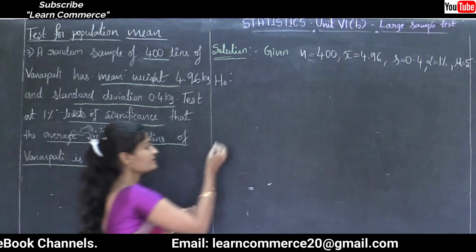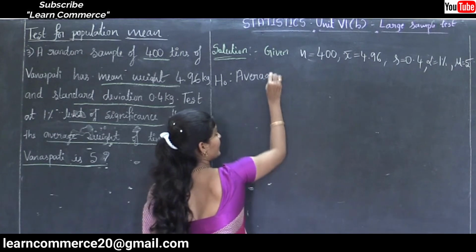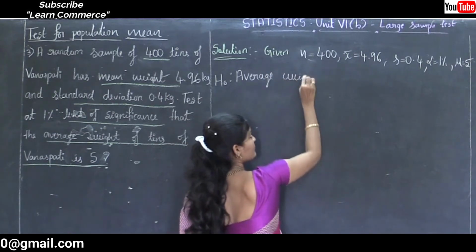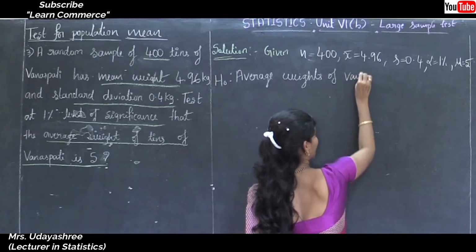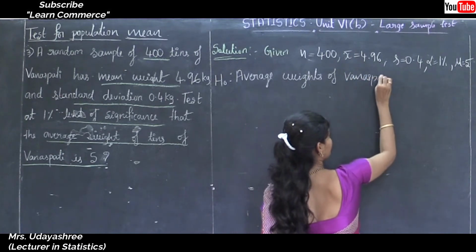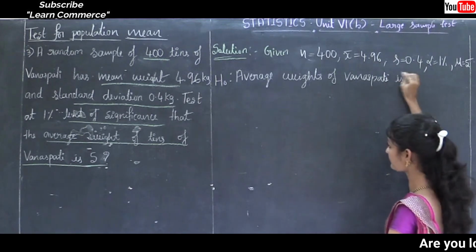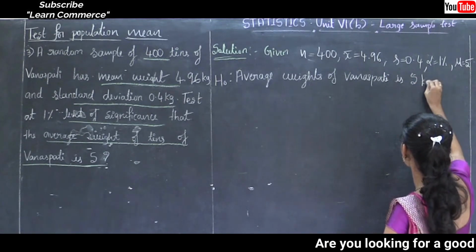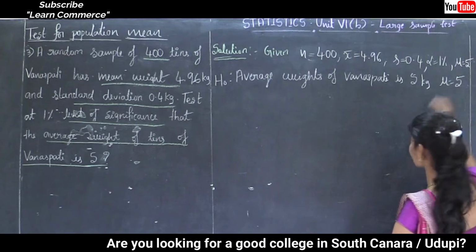So H naught is average weights of vanaspati is 5 kg. So here mu is 5.